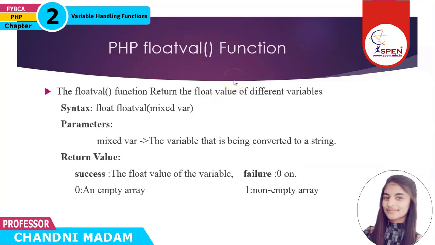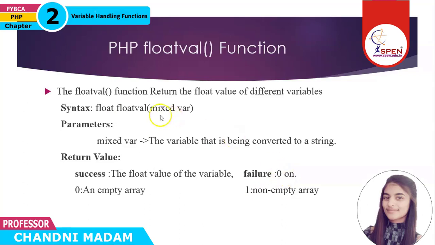Now next is floatval. This function is used to convert any value to a float data type. Here this function has one argument, and this argument is converted to a float data type. If this function executes successfully, then it returns a float value. If this function does not execute successfully, then it returns zero.